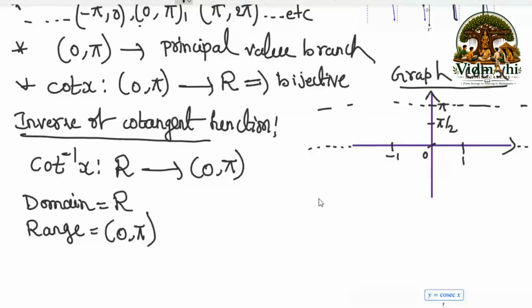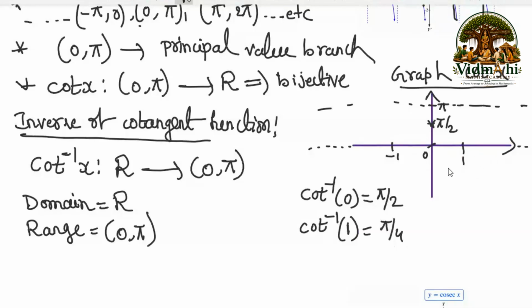In between that, cot inverse 0, where the cot function value is 0, is at pi by 2, correct. So therefore cot inverse 0 is pi by 2. Now where the cot function value is 1, at pi by 4. Yes, so therefore cot inverse 1 is pi by 4. Pi by 4 is here.